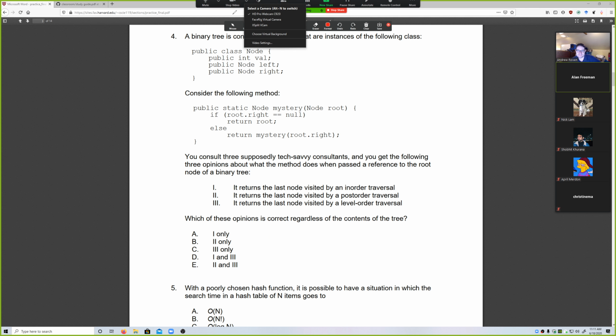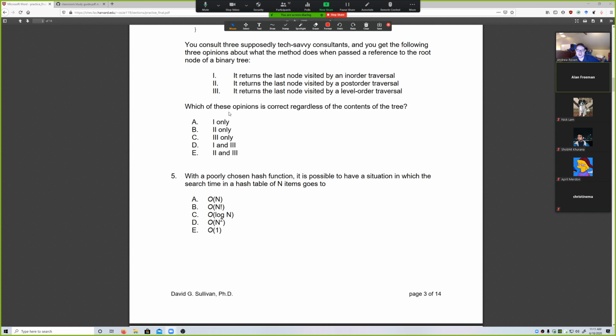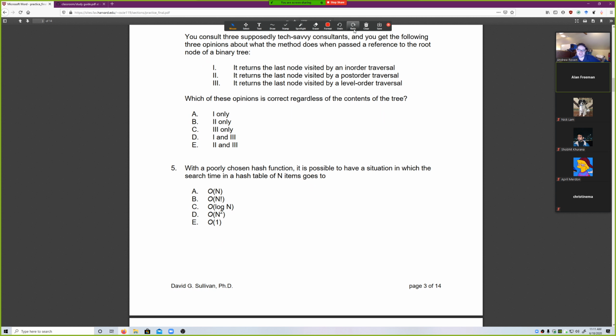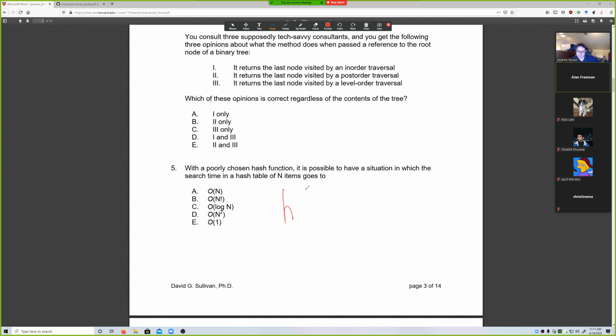All right. So, with a poorly chosen hash function, it is possible to have a situation in which the search time in a hash table of n items goes to what? So what is an example of a bad hash function? What's a good example of a poorly chosen hash function?